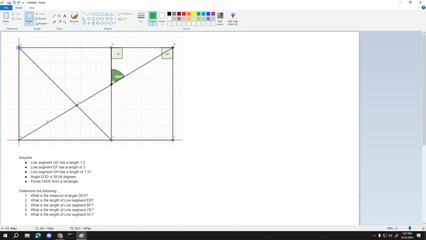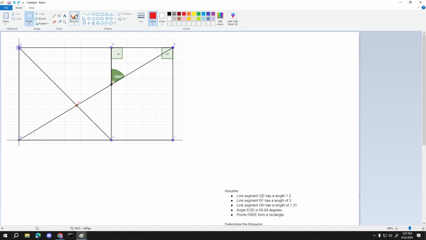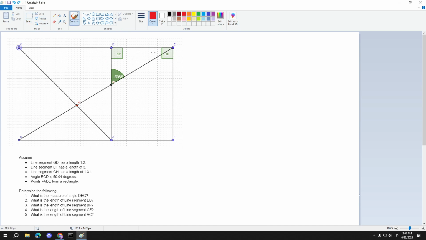Okay, so number 1, what is the measure of angle DEG? Right here. Given we have 59.04 for angle DGE, and remember a triangle, if you add all the angles, is made up of 180 degrees.